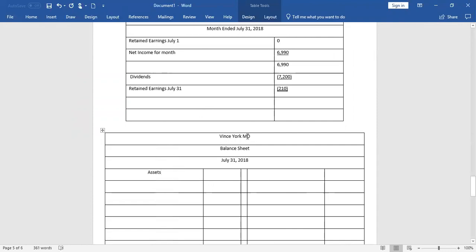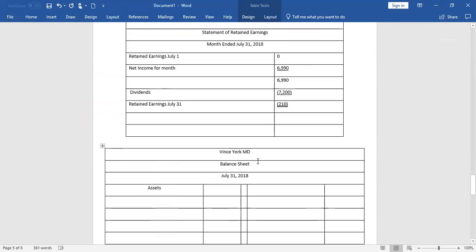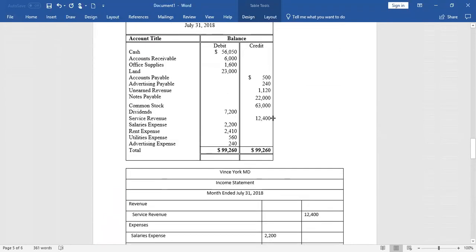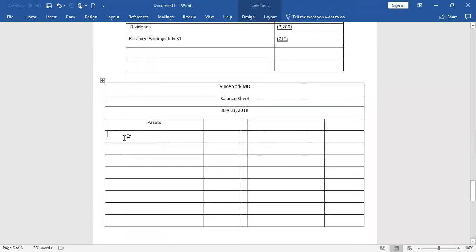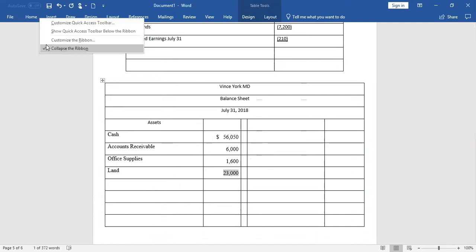Okay, so I'm going to scroll back up because I didn't take a printout of the company's assets. Matter of fact, I'm going to see if I could copy and paste it so I don't drive you crazy. There we go. So cash, balance of $56,050, accounts receivable $6,000, office supplies $1,600, and land $22,000.